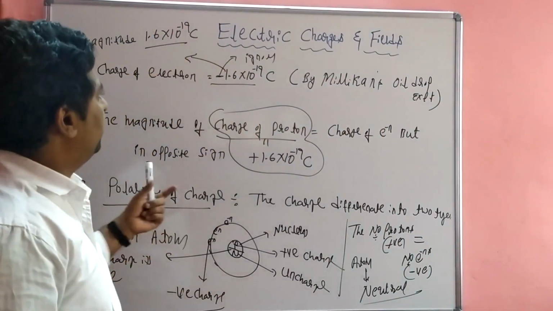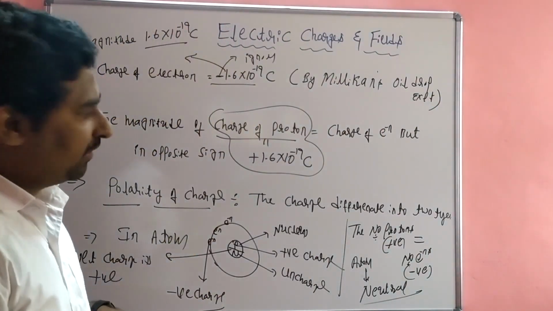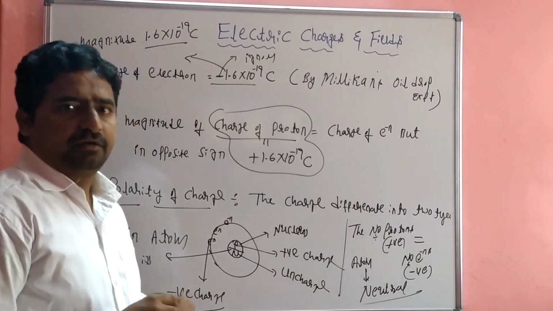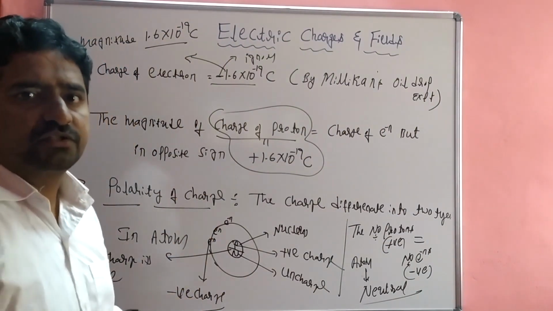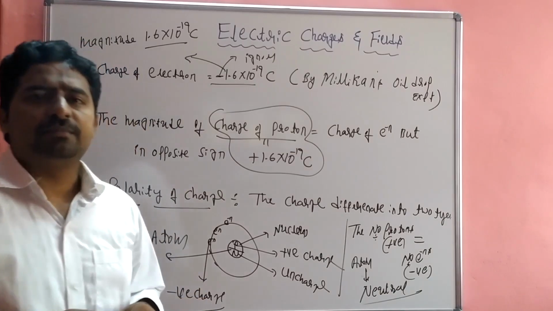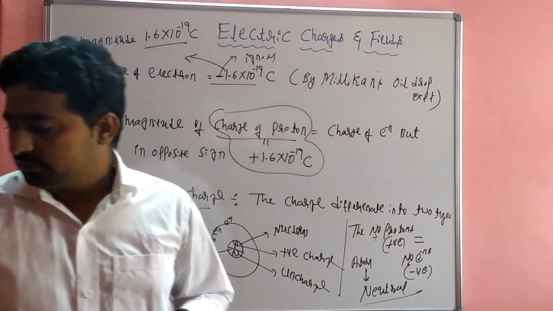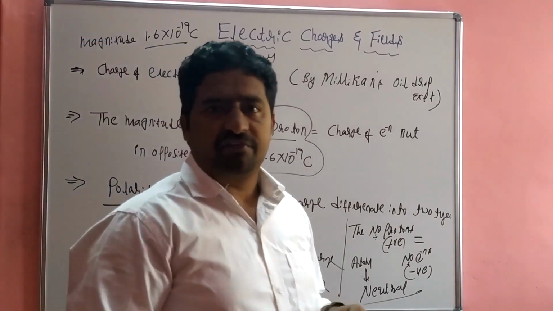Okay, so this is electric charge, the basic things. Charge is bifurcated into two types. Who is the scientist? The scientist is Benjamin Franklin.